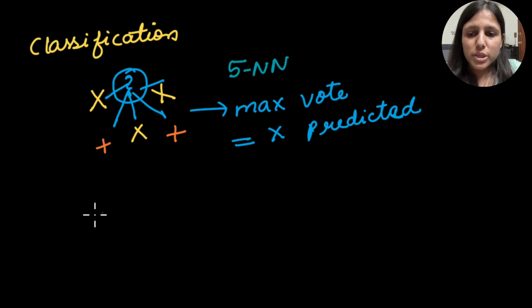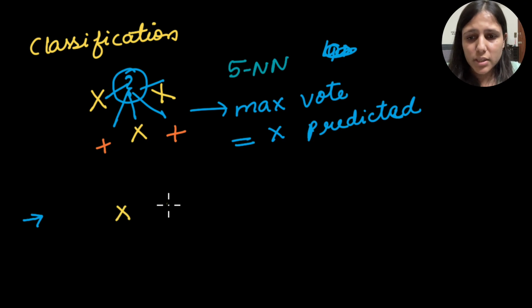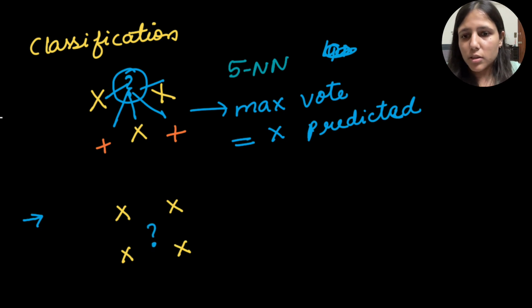There was a very good question asked in the comments in one of the previous videos, which was that sometimes what happens is, if say we had been given 4NN. Okay, I'll do this here. Suppose you had a data set like this, and your test point was like this.